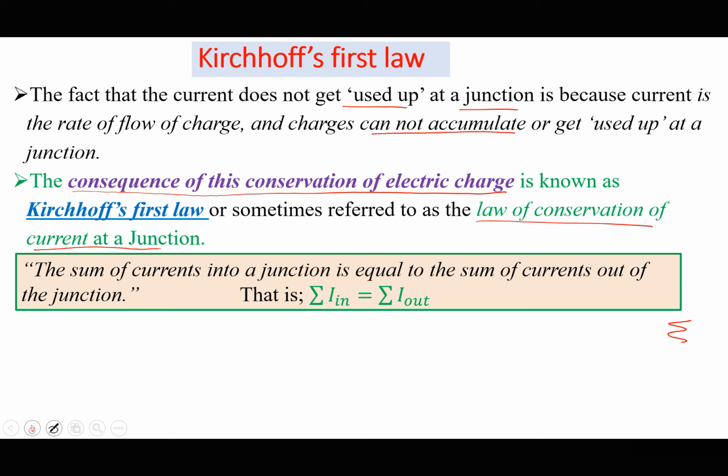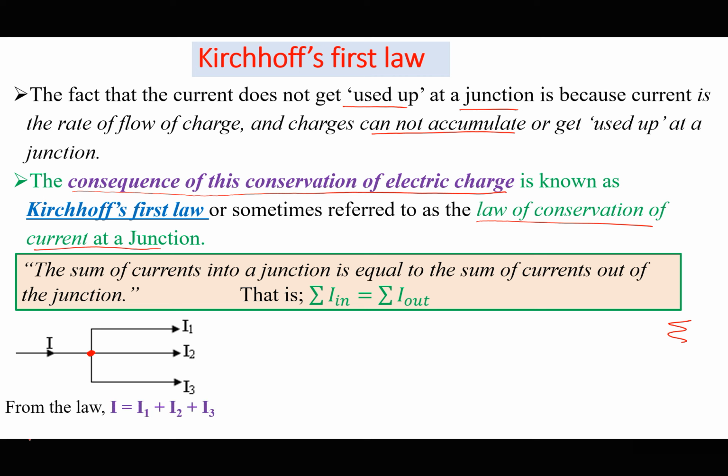To illustrate this, let's consider a simple situation where a current I is incident to this junction and it splits into three currents. Since the other three currents are leaving the junction, from the law we have just mentioned, the current I should be equal to I1 plus I2 plus I3. The sum of currents into a junction should be equal to the sum of currents out of a junction.